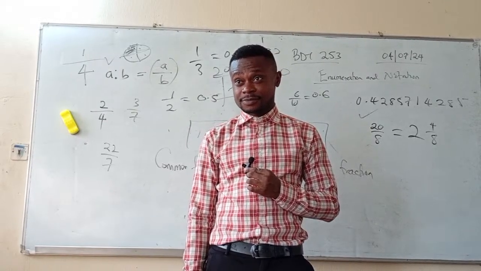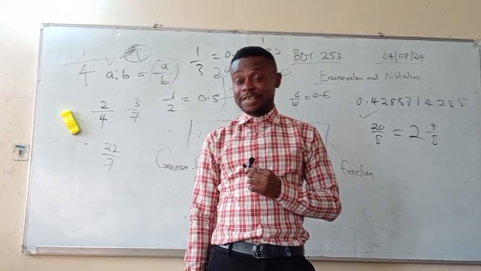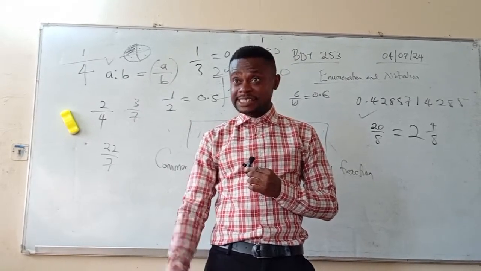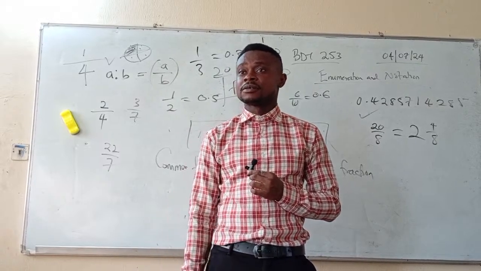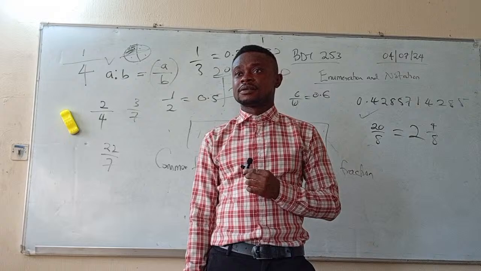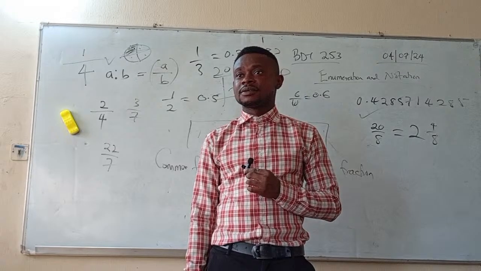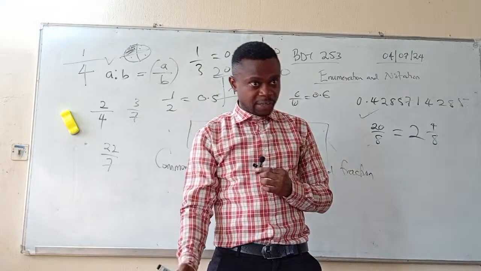Okay. For example, 2 over 4. It's in the form A over B, and 2 is an integer, 4 is an integer, so it's rational. Then which one is in the bracket? Because 2 over 4 is 0.5, and I said the terminating one is rational.